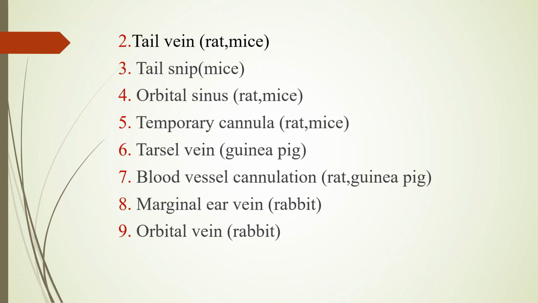Blood collection is classified into two: not requiring anesthesia and requiring anesthesia. Not requiring anesthesia uses the saphenous vein and dorsal pedal vein.